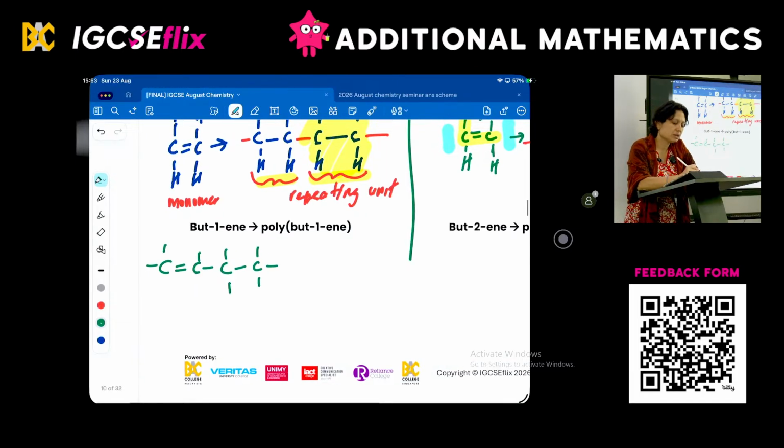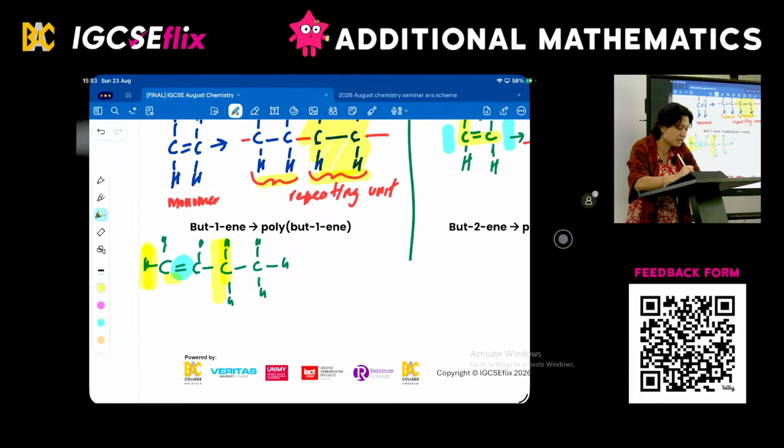Is but-1-ene C4H8? Yes. So this is my double bond. So here and here, I want it empty. Right or not? Can you see? Is this C4H8? Yeah.